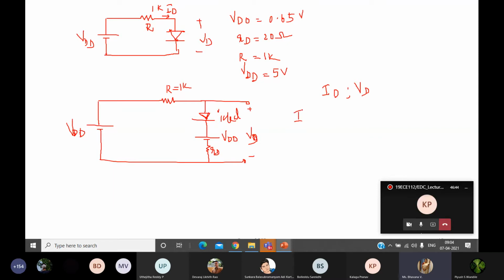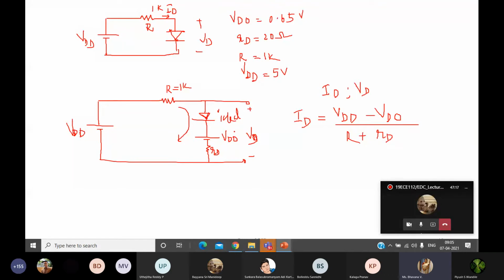Now tell me, how will you determine ID? What will be ID? Tell me the loop. It starts from here: VDD minus VD naught, divided by R plus RD.